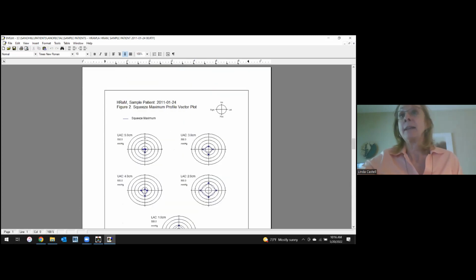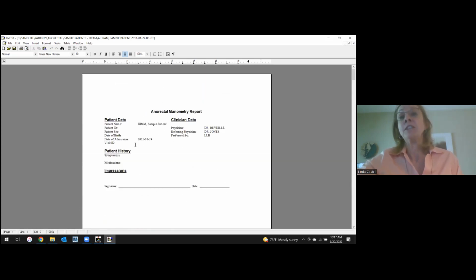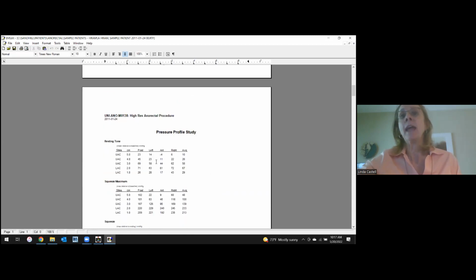If a patient had constipation, then what I would look at is resting. Chances are in a patient with constipation or difficulty passing stool, with excessive pushing, they're going to have a normal resting pressure, but sometimes it's going to be low because they have spent a lifetime pushing, compressing the pudendal nerve.